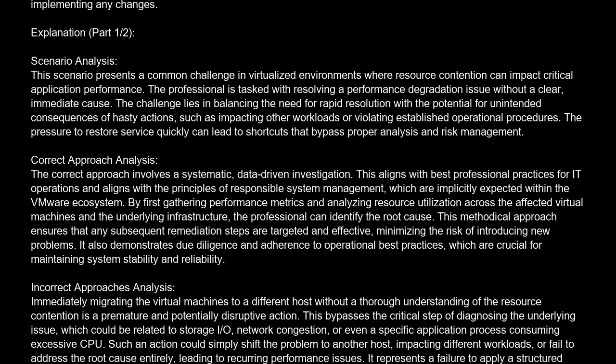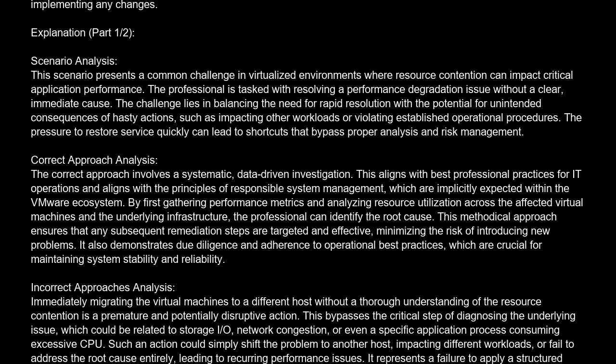Correct approach analysis. The correct approach involves a systematic, data-driven investigation. This aligns with best professional practices for IT operations and with the principles of responsible system management, which are implicitly expected within the VMware ecosystem. By first gathering performance metrics and analyzing resource utilization across the affected virtual machines and the underlying infrastructure, the professional can identify the root cause.